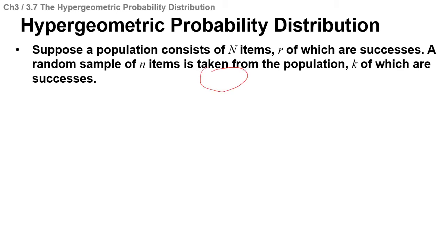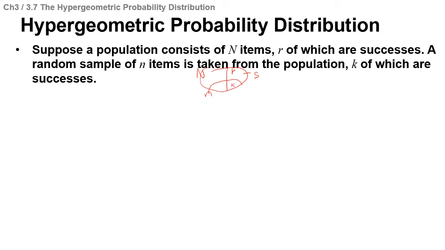Suppose we have N number of items, and r of them are success. We are sampling n number of items, and k of which are success.